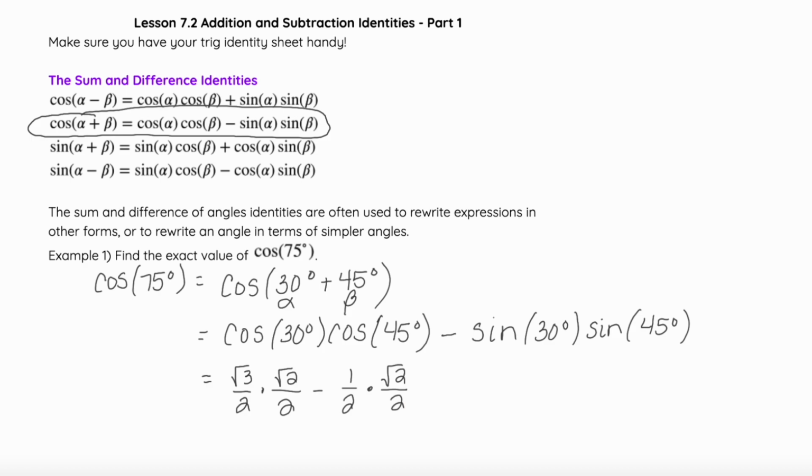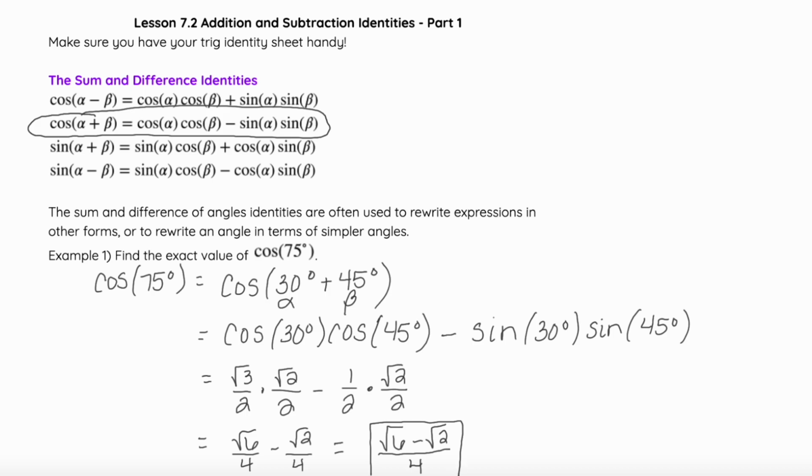Now I can simplify. This gives us then square root 6 over 4 minus square root 2 over 4. And while I can't reduce square root 6 over 4 or square root 2 over 4, what I can do is write them as one fraction, thus square root 6 minus square root 2 all over 4, since they have that common denominator.